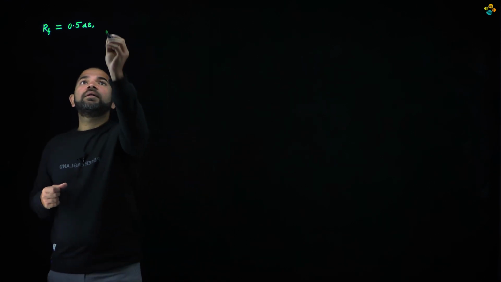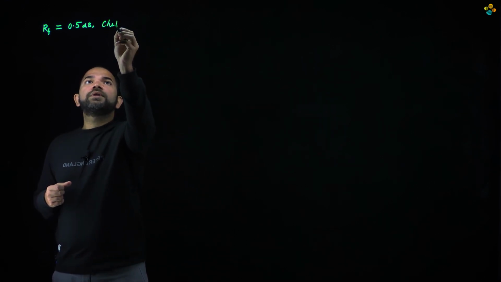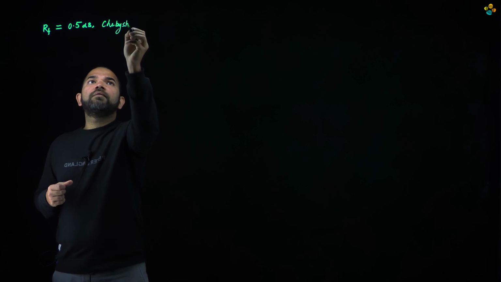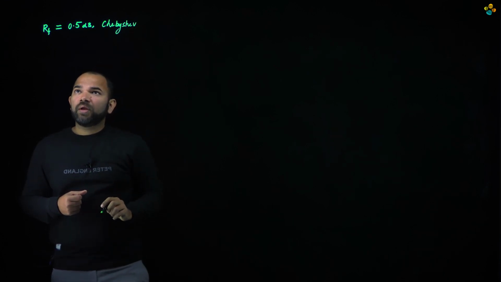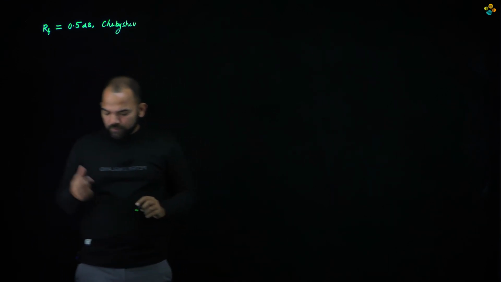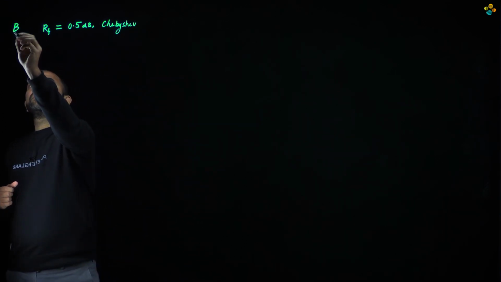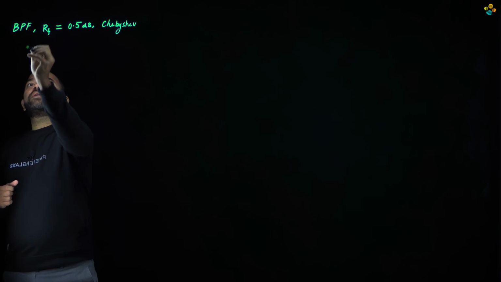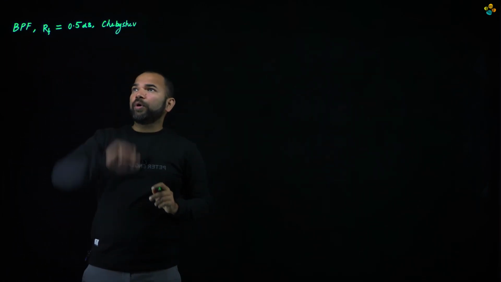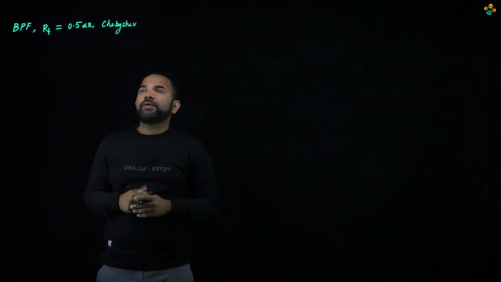So this filter is going to be a Chebyshev filter. The filter type is band pass, with a ripple factor of 0.5 dB, and it is a Chebyshev filter.